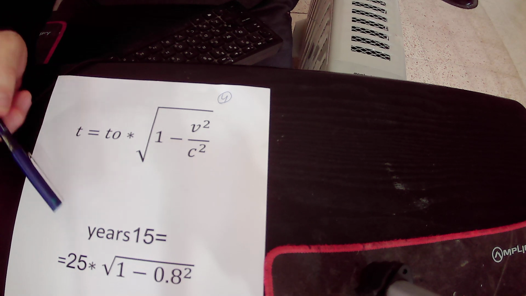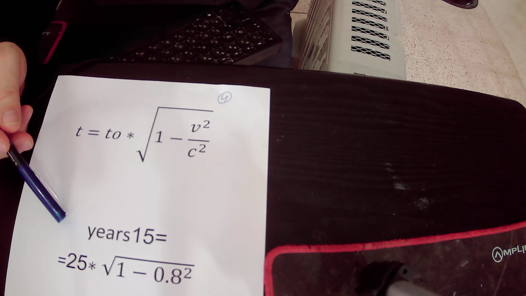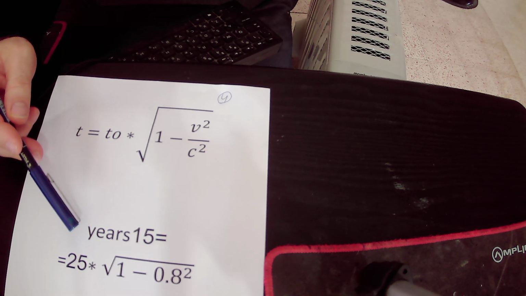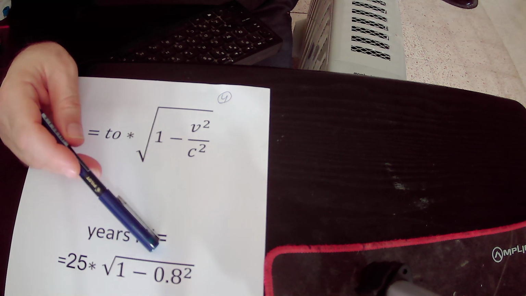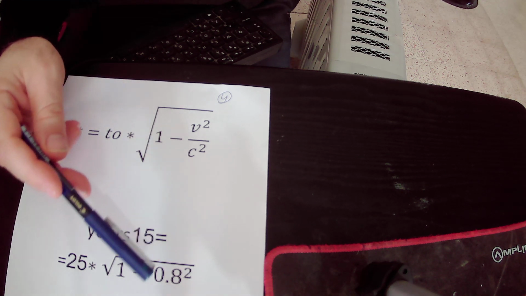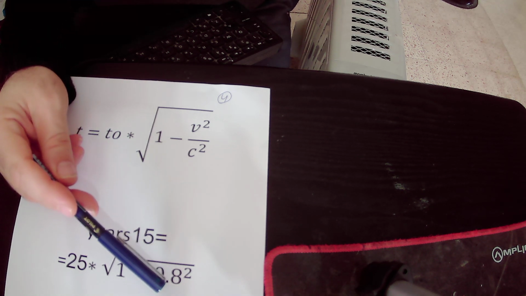So in our example, the total time that has passed on Earth, that is T naught, is 25 years. And we multiply it by the root of 1 minus the velocity of the twin brother that travels in the spacecraft towards the star Epsilon, that is 240,000 kilometers per second, squared, divided by the speed of light squared.